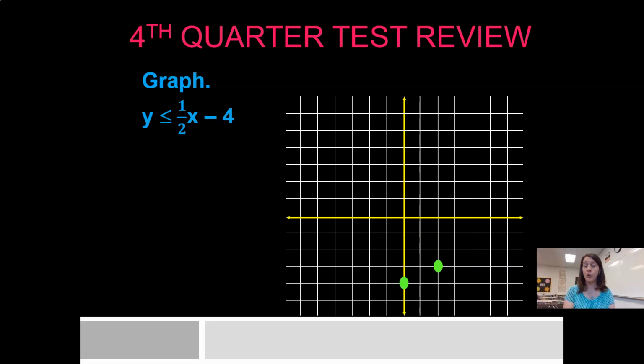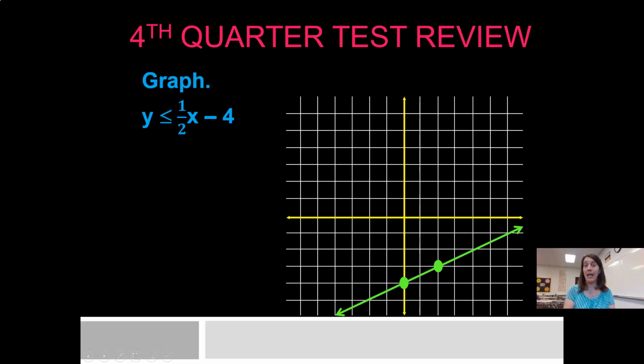Now that we have those 2 dots, we're ready to connect them, but don't just haphazardly connect them. We have to think about how we're going to do that. We look back at the inequality symbol, which is less than or equal to. Because we have the equal to bar, I use a regular line to connect my dots. So I use a solid line to connect the 2 dots on my Cartesian plane.